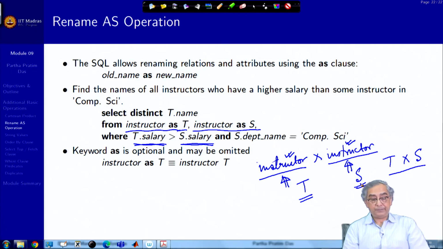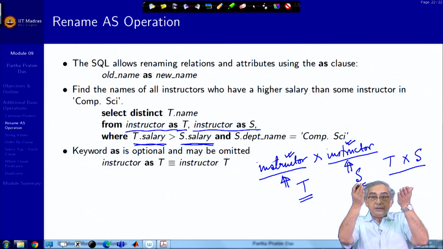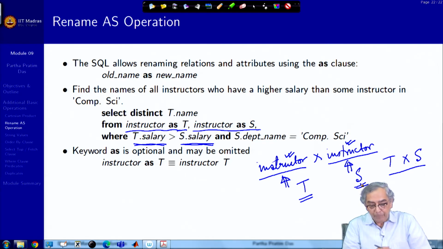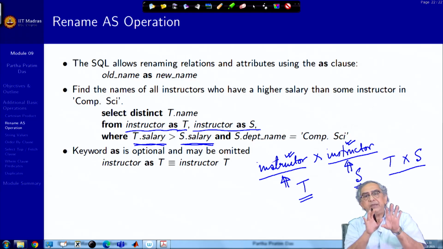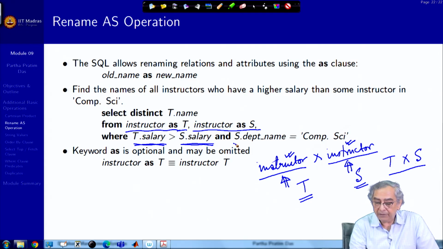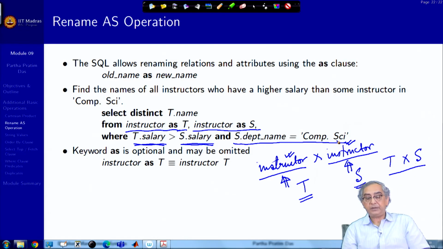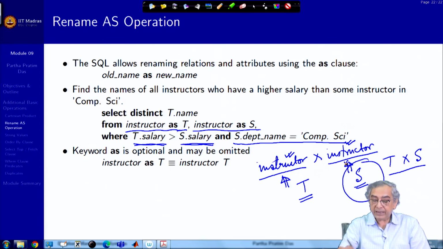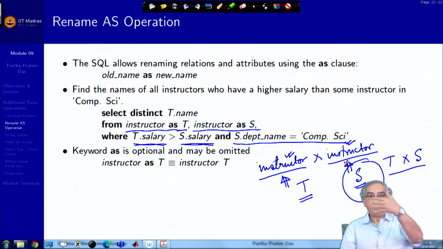So, what will happen? This will retain the highest salary. Right? Now, I want to do it specifically with reference to certain faculty. So, I say further that S dot department name is computer science. Which means that in this S we have done a selection which is just computer science faculty.